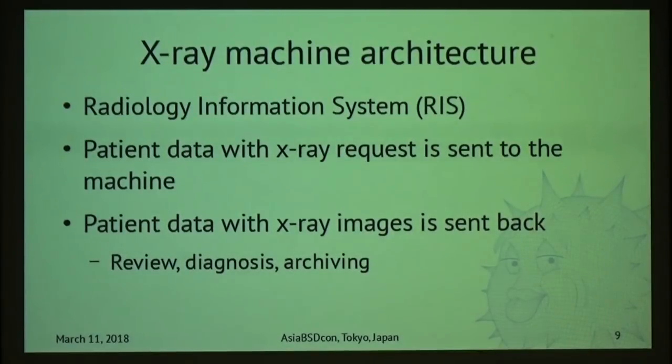And they'll do the X-ray examination and send that record back with all the images attached. And these images go to an archiving system, and the workflow obviously is the pictures are being examined and diagnosis being done and everything.